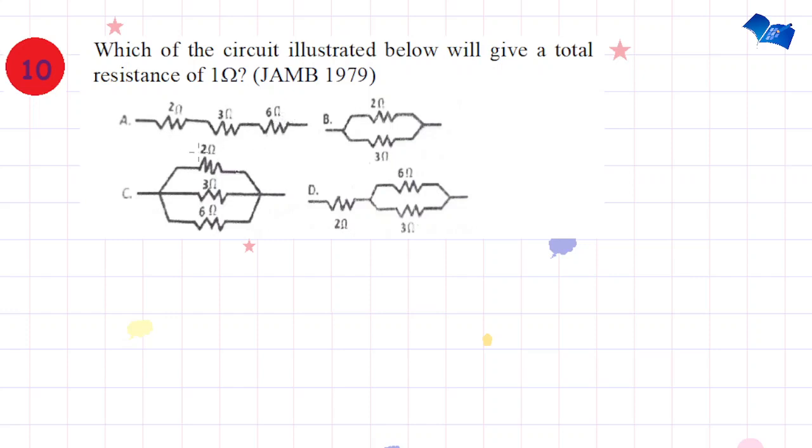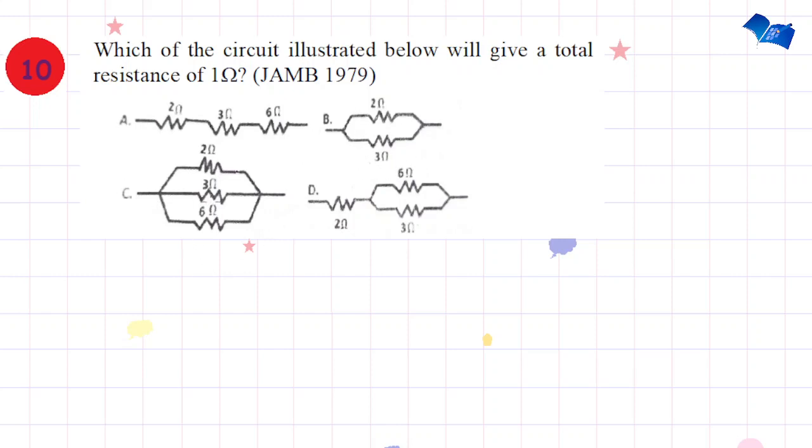What do I mean? If you look at option A, all these are connected in series, so 2, 3, and 6 ohm. That means the equivalent resistance of option A should be greater than 2, 3 or 6 ohm. The reverse is the case for parallel combination. The equivalent resistance for parallel combination is equal to or less than their individual resistances.